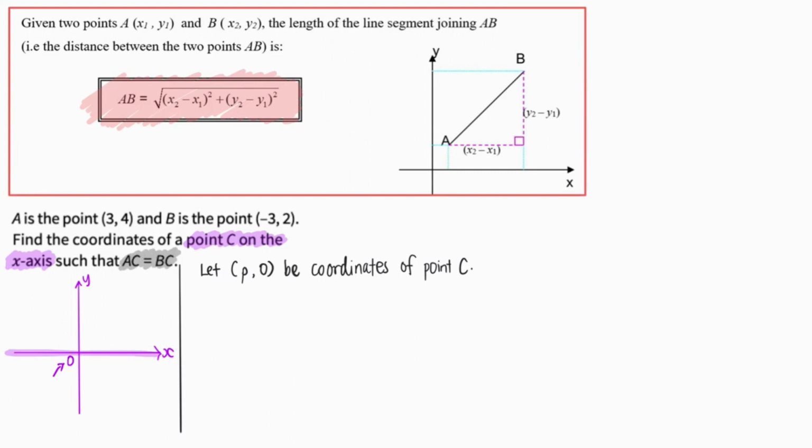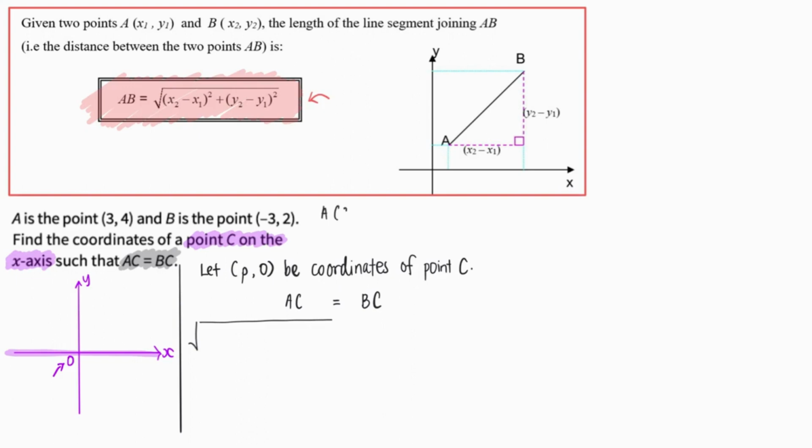AC equals to BC. That means I will have to make use of the formula that we are seeing at the top. So for point A and C, for convenience sake, I'm going to just write it down here.